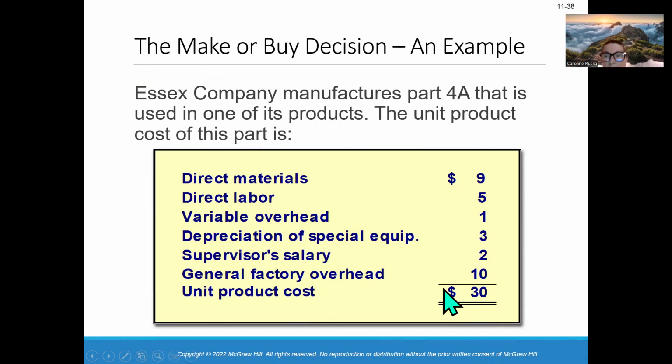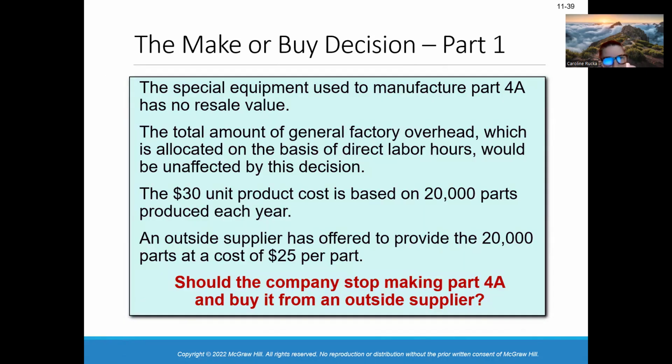If you've been paying attention up to this point, you may have noticed that maybe some of these costs aren't really avoidable. Let's see. All right, extra information. The equipment used to manufacture part 4A has no resale value. And the total amount of general factory overhead is allocated on the basis of direct labor hours.